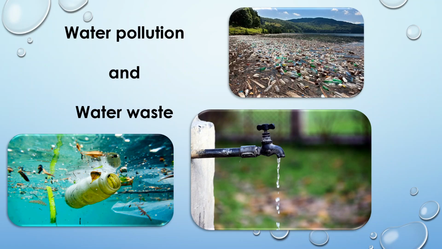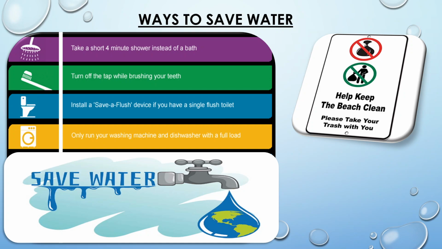Also, there is water waste. When we are not smart and we don't use water in the correct way, we create more problems. But there are things that we can do to save water. For example, take shorter showers and avoid taking baths, or turn off the tap when you're brushing your teeth. Sometimes you can forget about this and you keep water running.